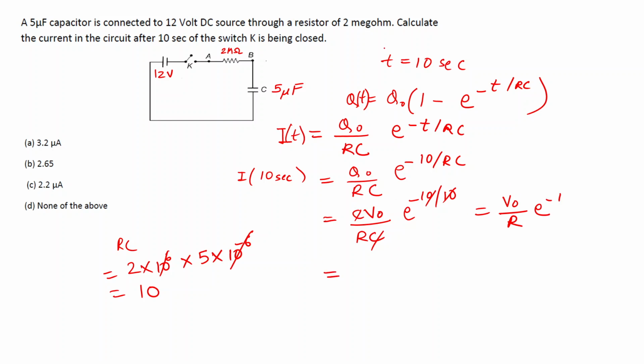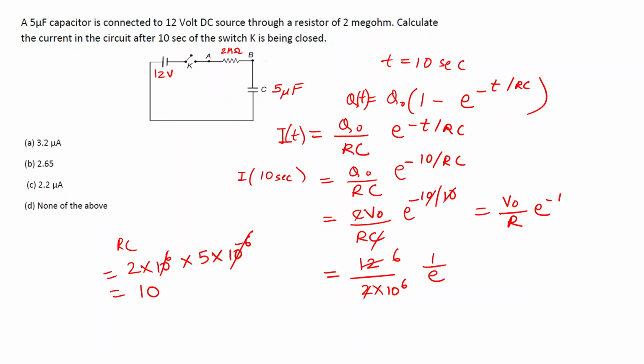Now V naught is 12 and R is 2 mega ohm, and this is 1 over e. So 6 divided by e. What will be 6 divided by e?